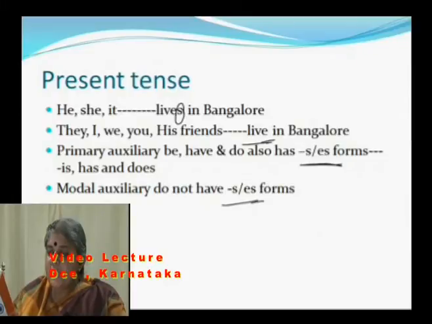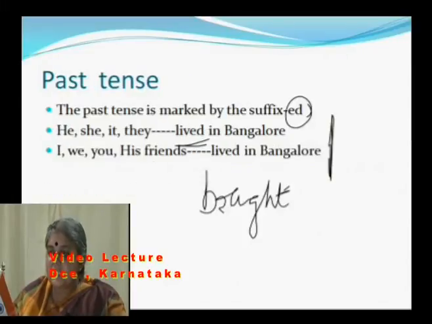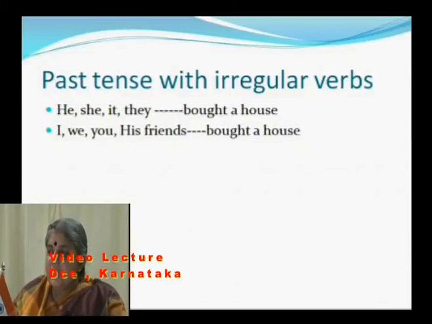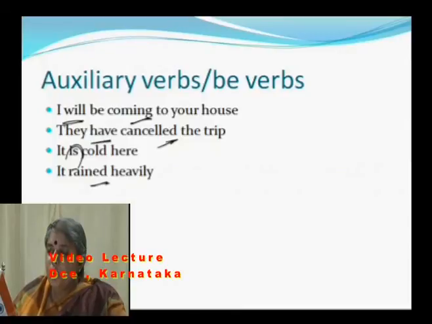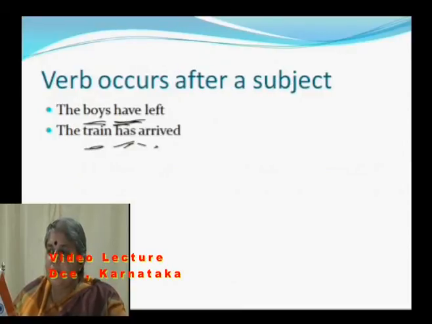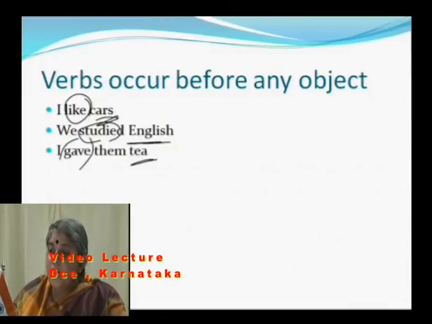Tense. Two tenses. What happens in the present tense? Then in the past tense. Then past tense with irregular verbs. Then what happens with primary auxiliaries, followed by auxiliary with be verbs. Then the verb occurs after a subject, that is the positioning of the verb. Verbs occur before any object.